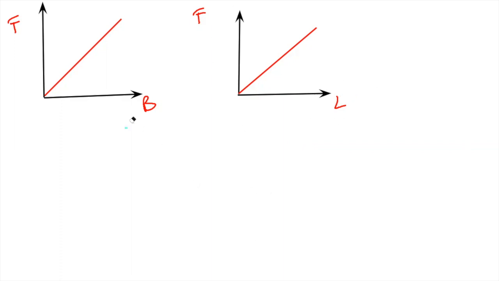And this is the external magnetic field, meaning B of magnets, right? So external magnet field.